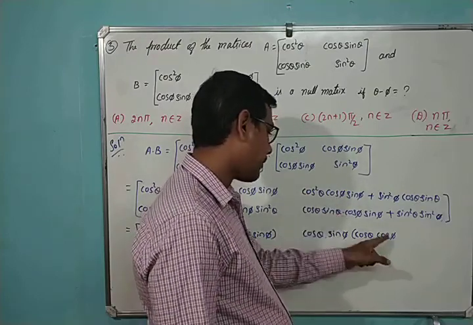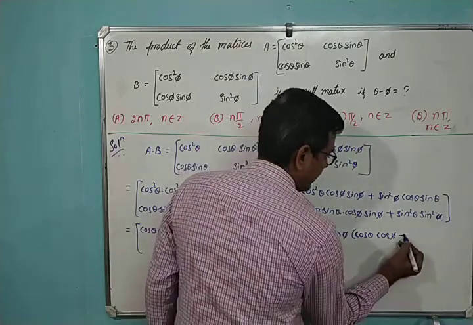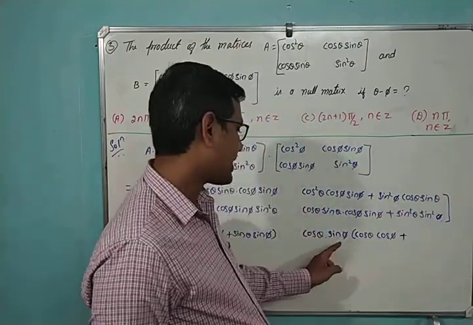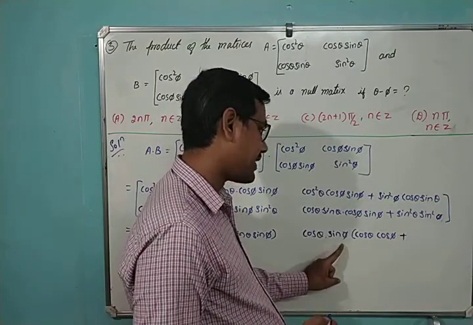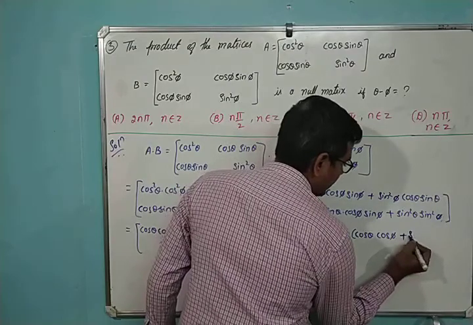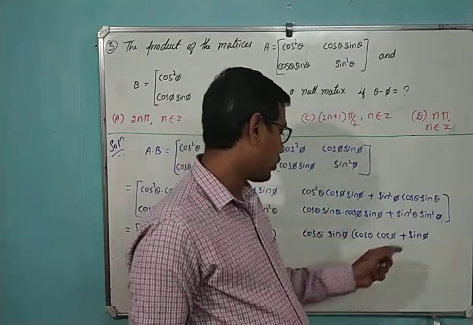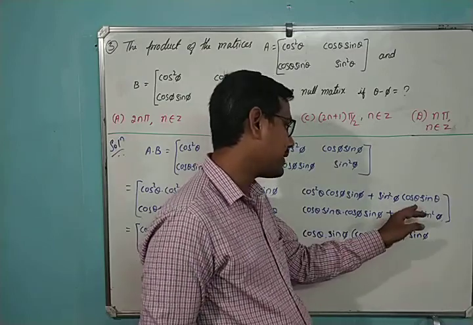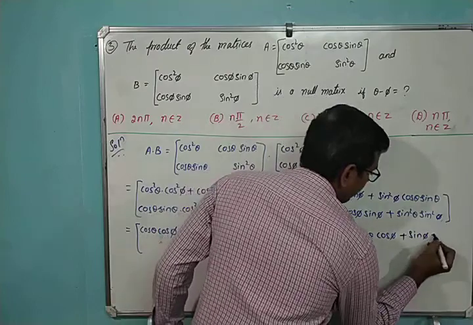So cos phi as it is, sin phi has gone, so it will not be there. Here one sin phi is outside. Here we are having sin square phi. Out of sin square phi, one sin phi is outside, so one sin phi will be inside. And here, what else am I having? Cos theta also I am having outside, so this cos theta will not come. Only sin theta will come.